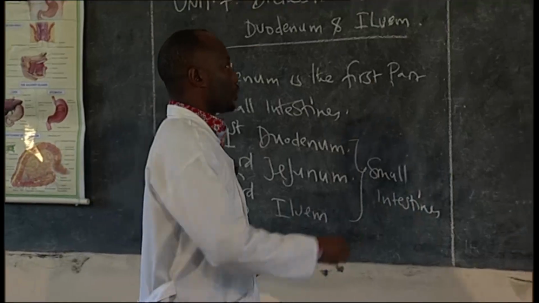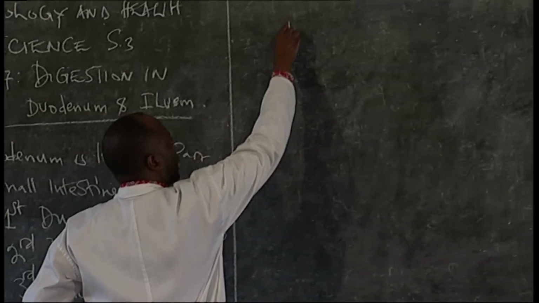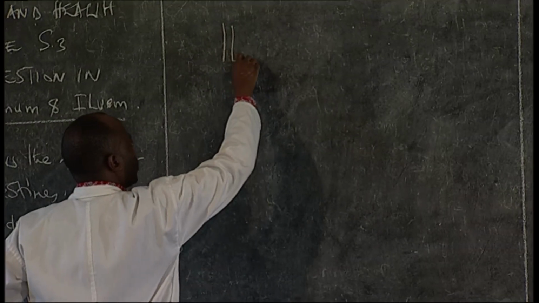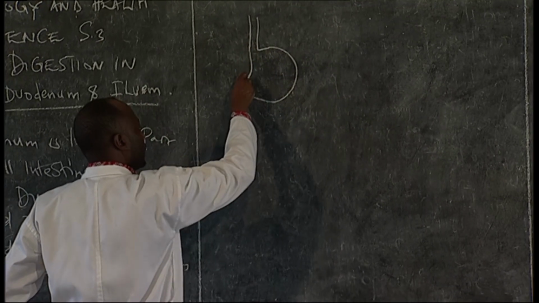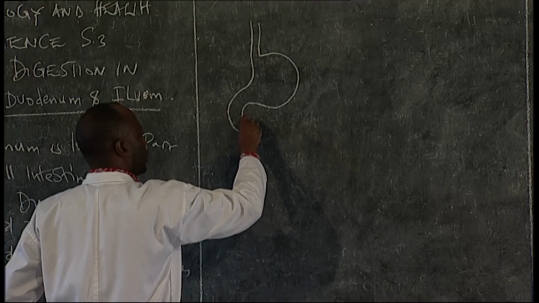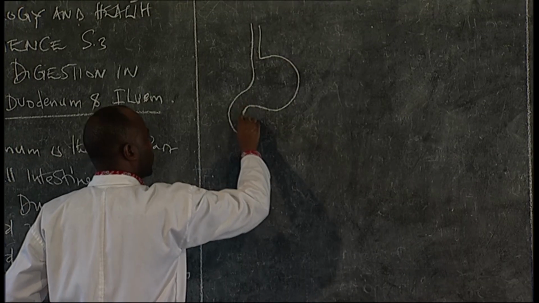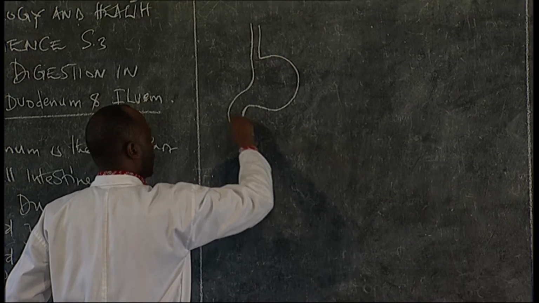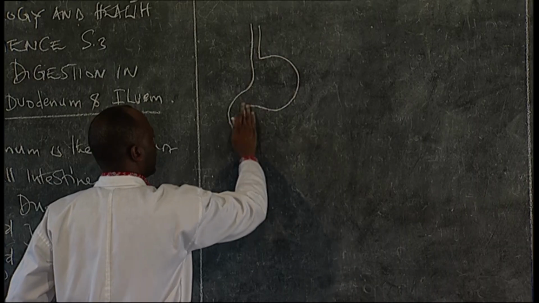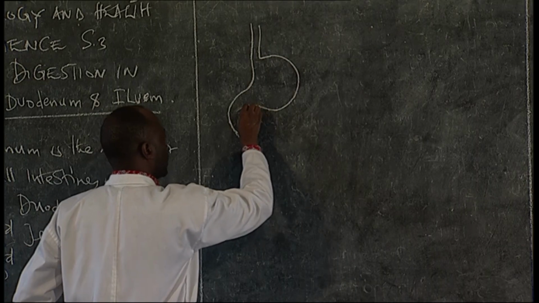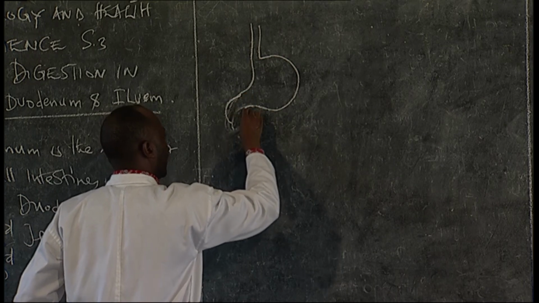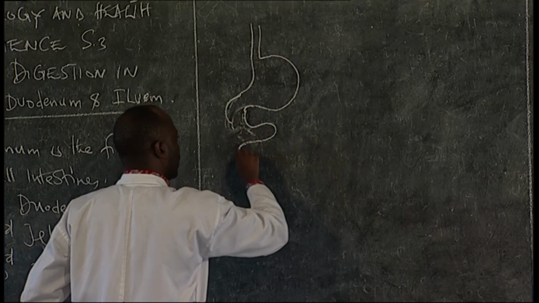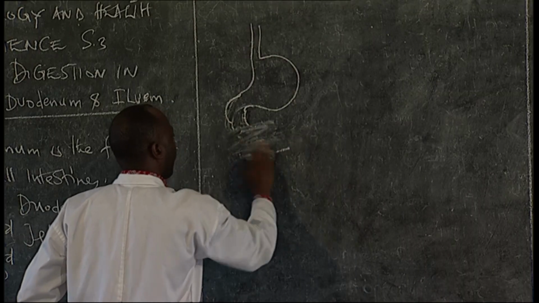If I'm trying to show you, this is the diagram that shows the structure of the stomach. And you can see the first part of the small intestine, a smaller part of the small intestine.